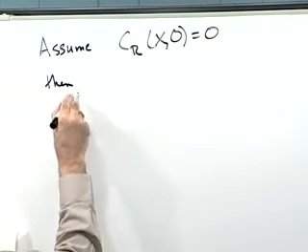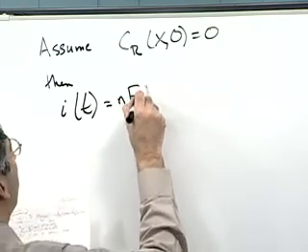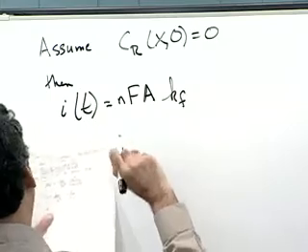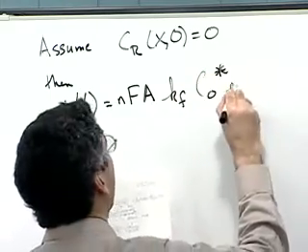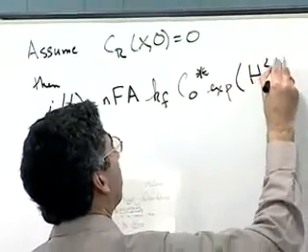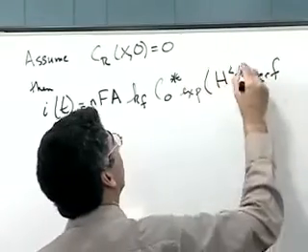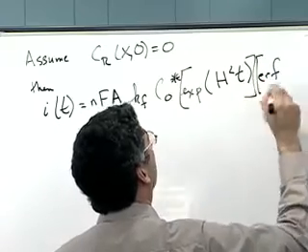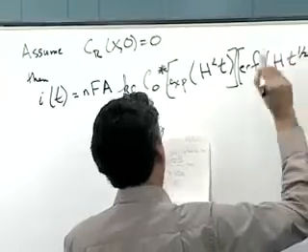Then I'm going to come up with a statement that the current is equal to n, Faraday's constant, times the area, times the forward rate constant with its potential dependence, times the bulk concentration of oxidized species, times the exponential of h squared times time, multiplied by the error function of h to the 1/2.